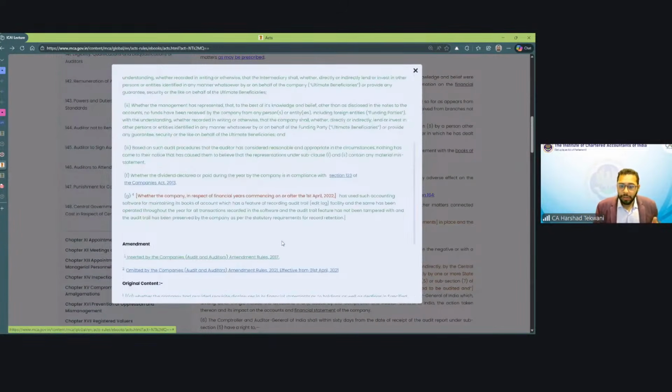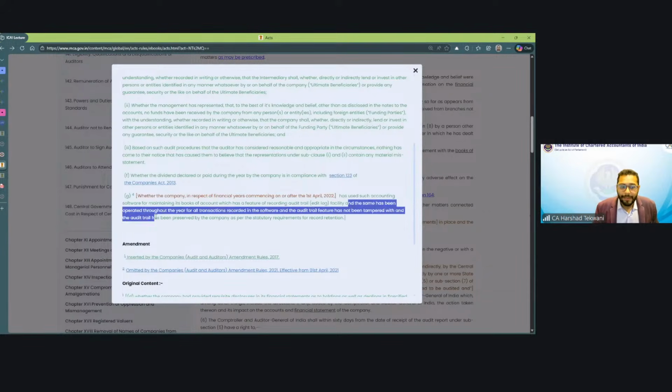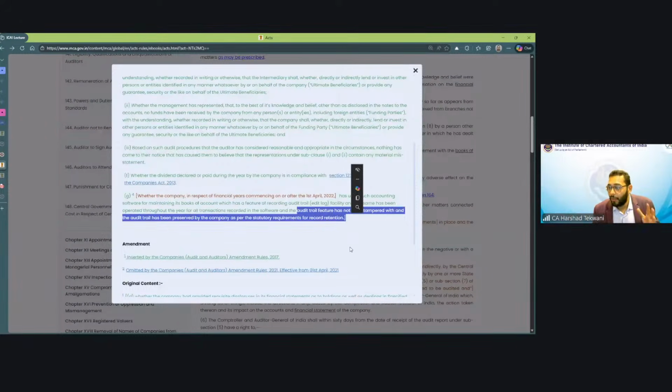It says whether the company, in respect of the financial year commencing on or after 1st April 2022, has used such accounting software which has a feature of recording audit trail edit log, and the same has been operated throughout the year for all the transactions in the software, and the audit trail feature has not been tampered with, and the audit trail has been preserved by the company as per the statutory record retention requirement.